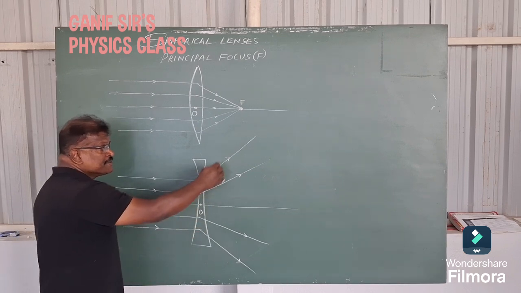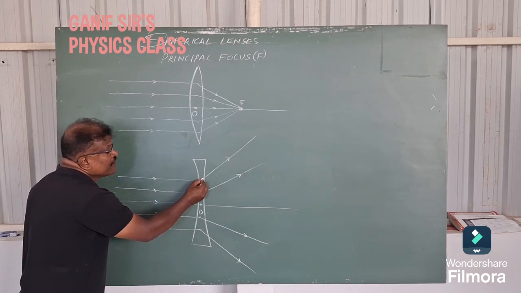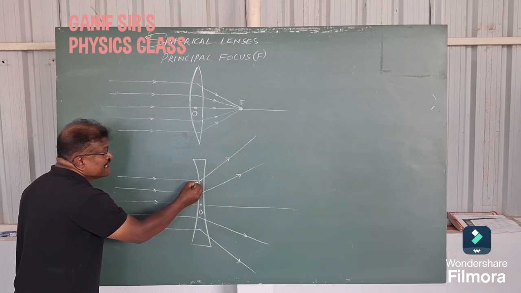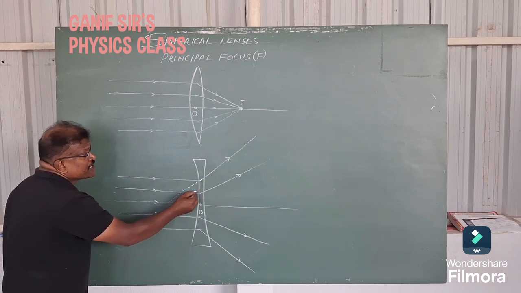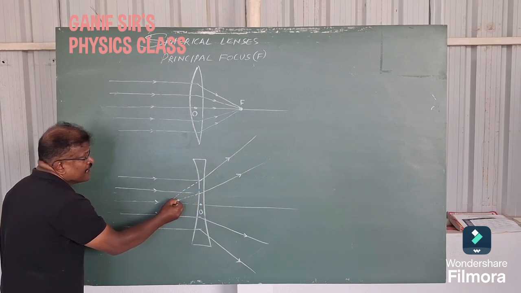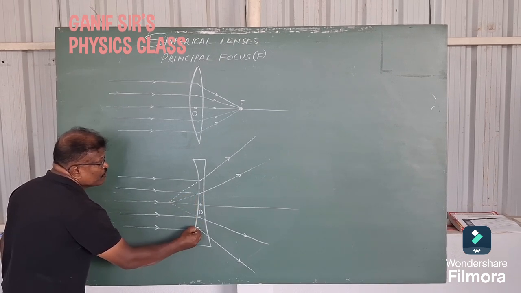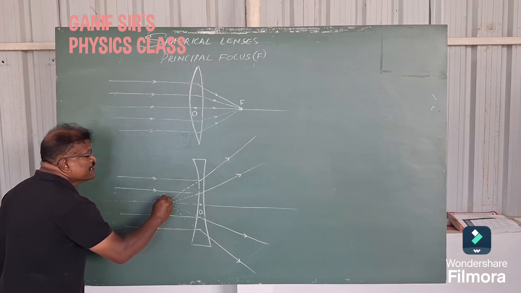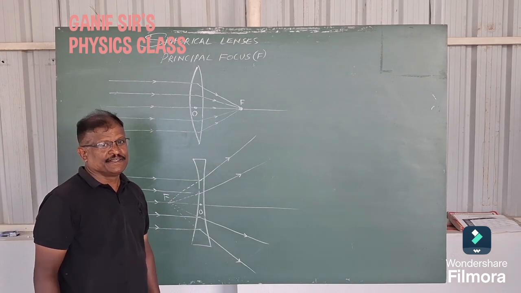But for an observer on the other side, it seems as if the rays have arrived from a point on the principal axis, and that point is known as the principal focus of a concave lens.